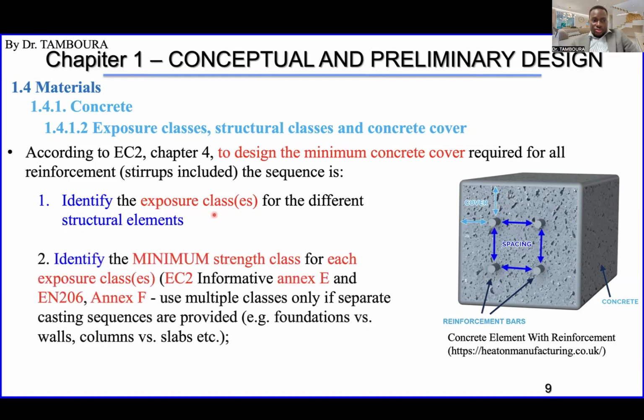Next step is to identify the minimum strength class for each exposure class. And this is what we did right now. The minimum strength of the concrete. You see it in the table on the previous slide, the table is showing that for each exposure class, there is a minimum strength. Okay, that is the second step.